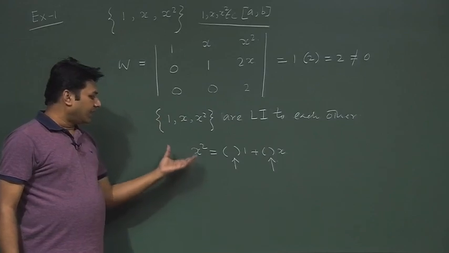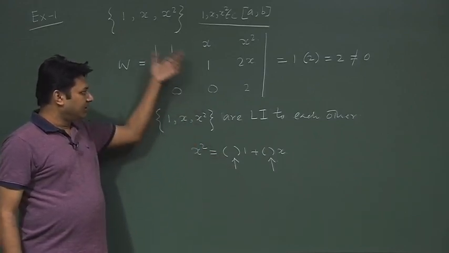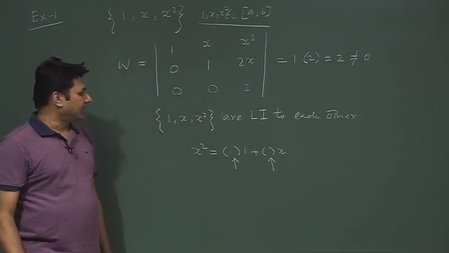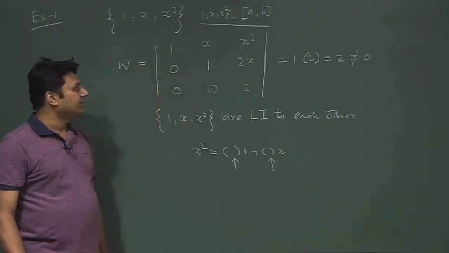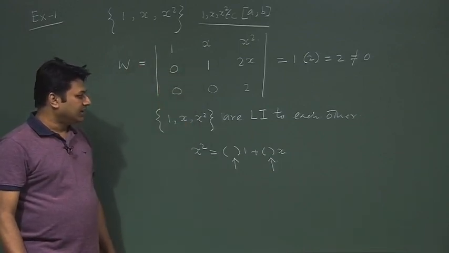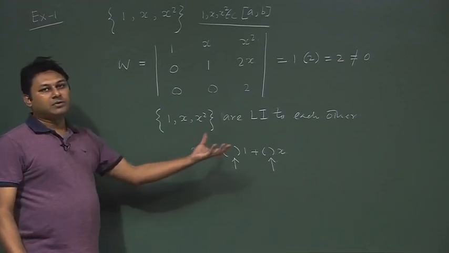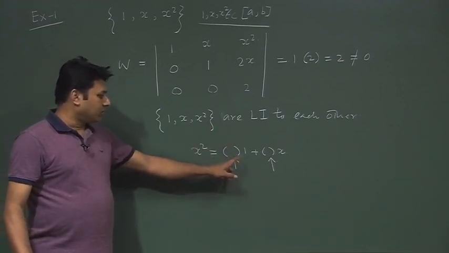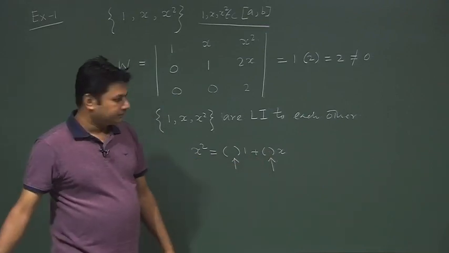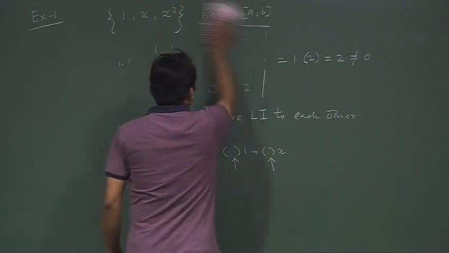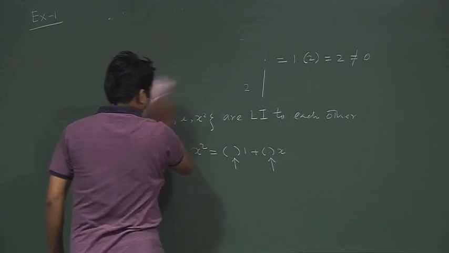But here I can't write this, because my recipe shows that the set of functions is not linearly dependent, since I can't write any function in terms of the other two with non-zero coefficients. Okay, let us go to another example.